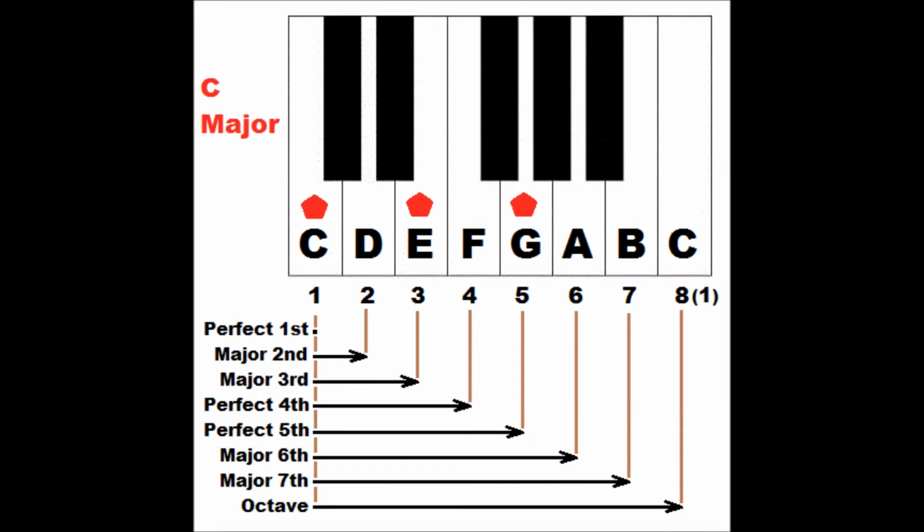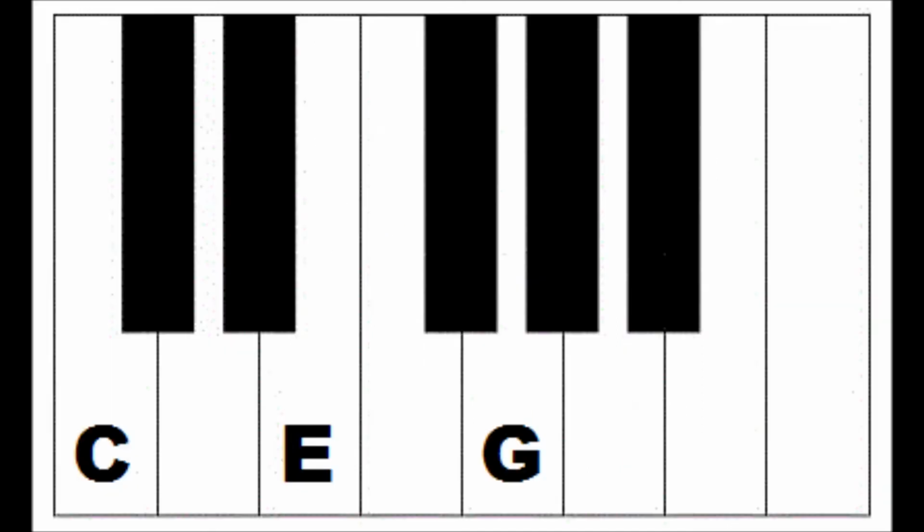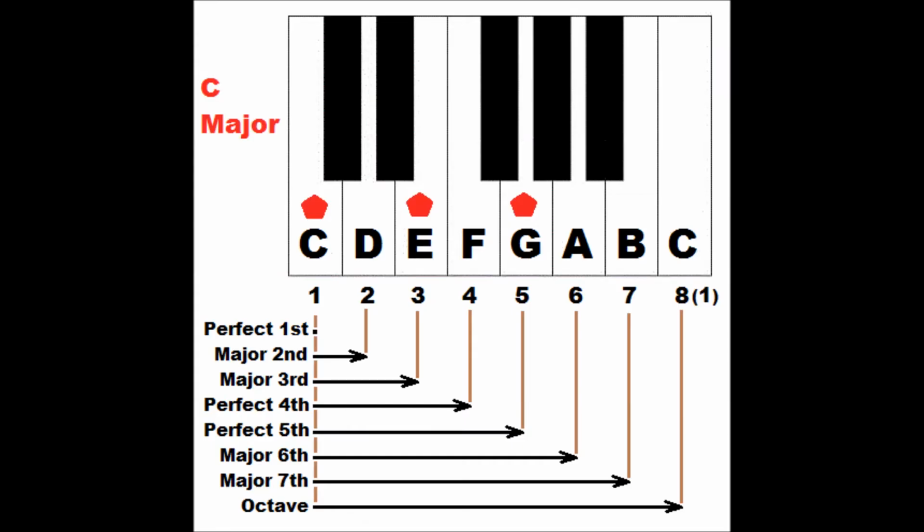This chord makes use of the root, major third, and perfect fifth, notes 1, 3, and 5 of the major scale. To play C Sus4, instead of playing 1, 3, 5, you play 1, 4, 5.